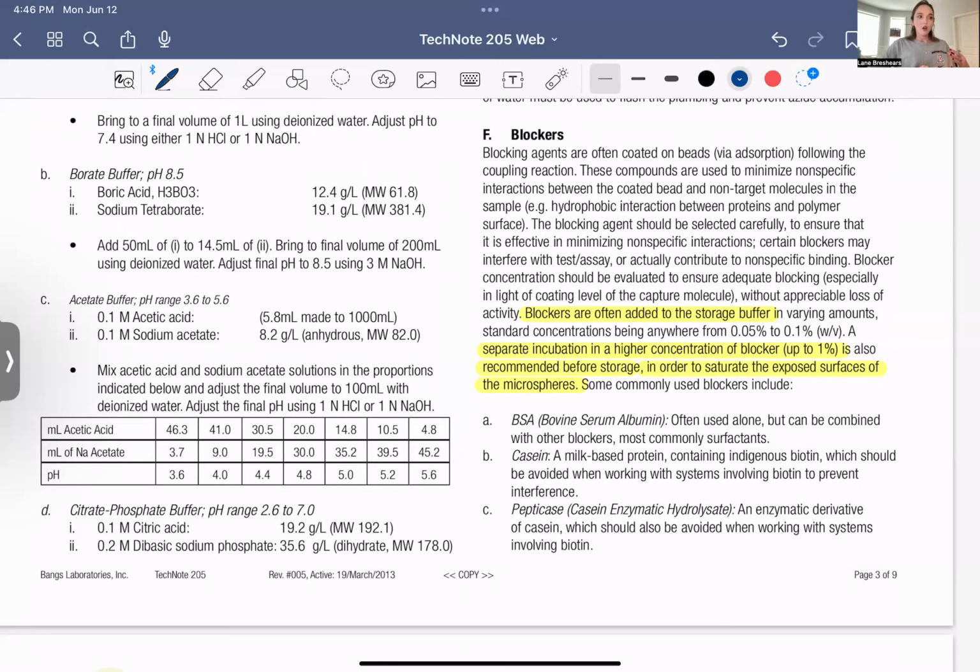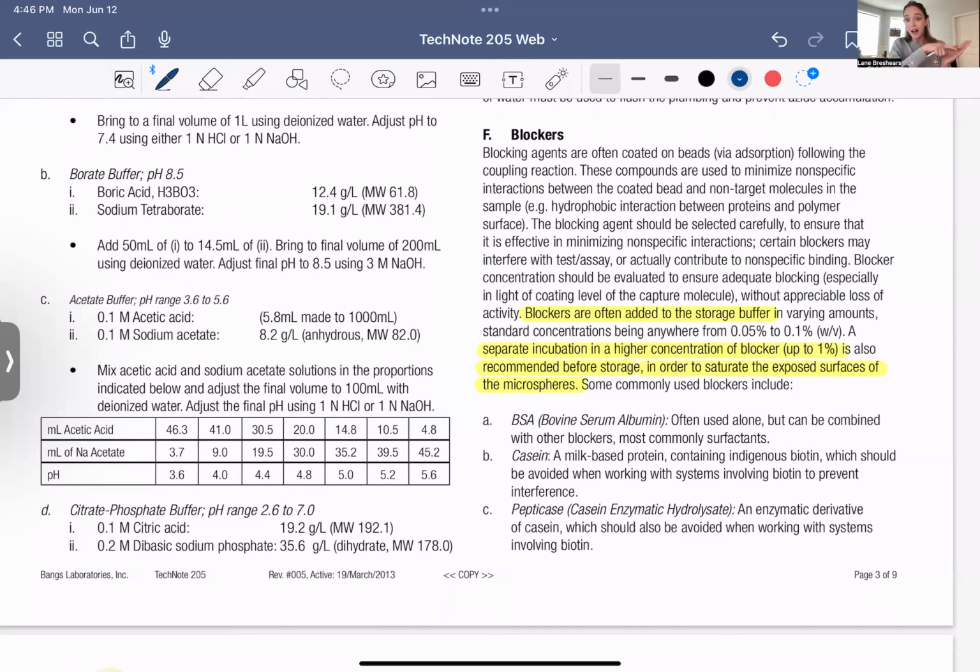So if you're getting a feel for this, it's that not only are you trying to bind your microsphere to your ligand, but you want to think about how many ligands are going to coat the surface of my microsphere. Are there going to be functional groups sticking off of my microsphere that don't get covered by a ligand, maybe because you didn't add enough, or maybe because you used a buffer that actually took that space, or is it because you're using a blocker?